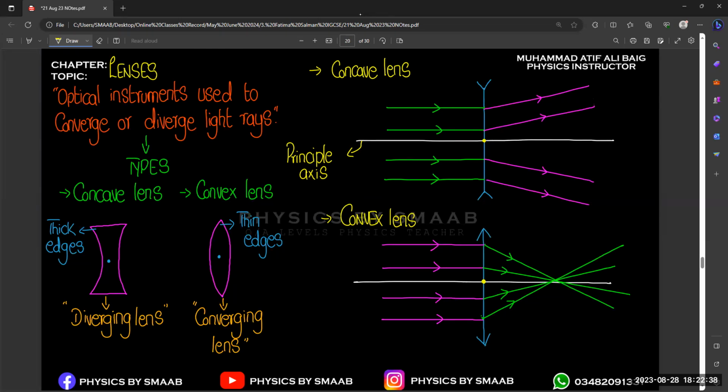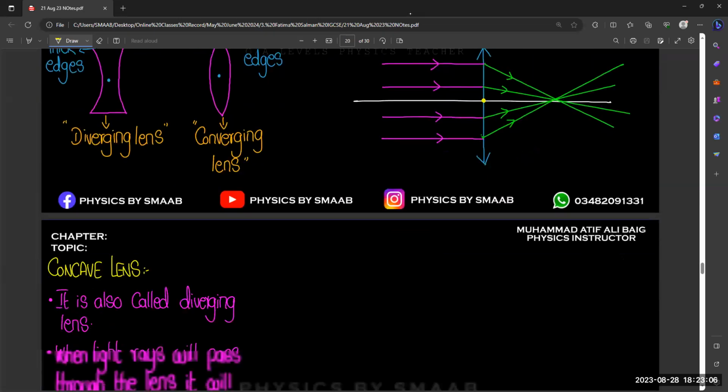Okay, and the center point is known as the optical center. Clear? Any confusion? No, sir. Okay.